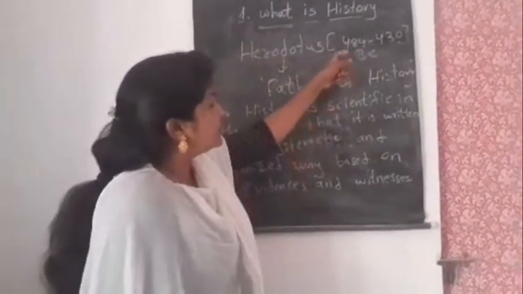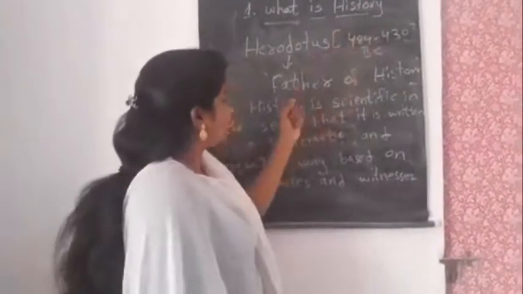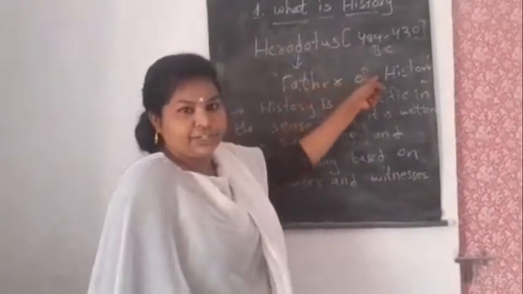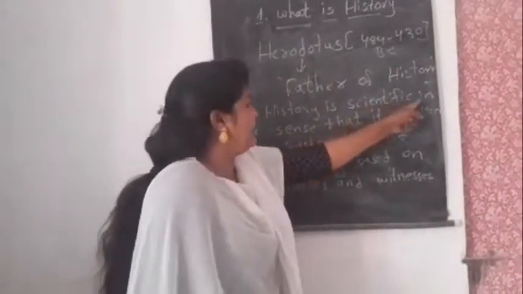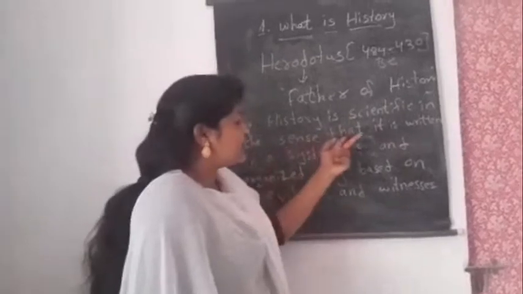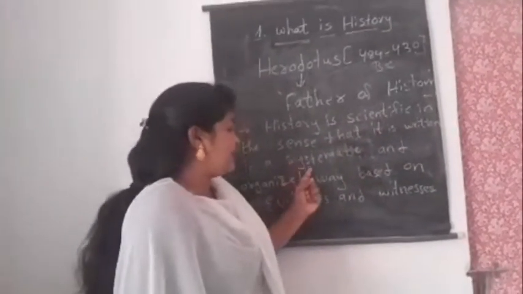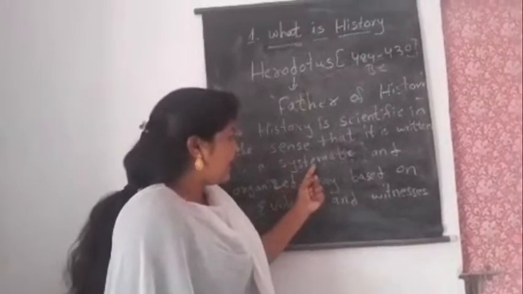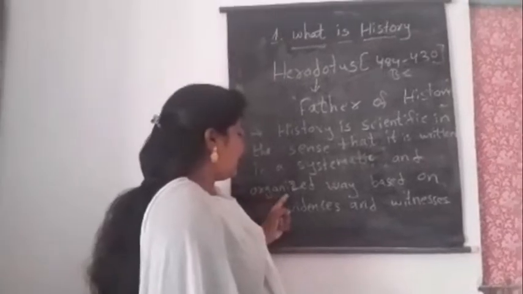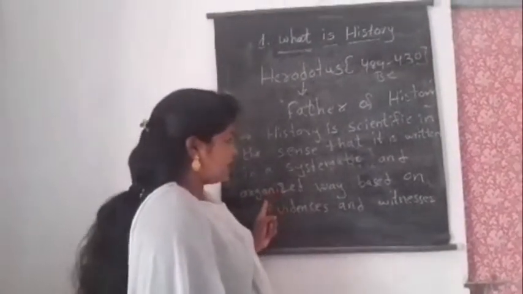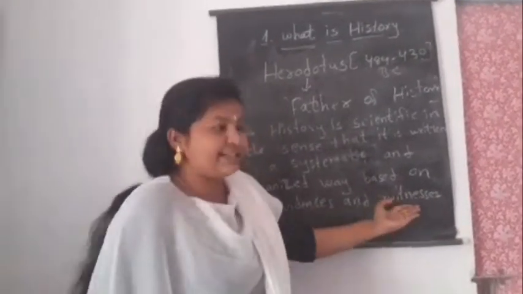Herodotus, years 484 to 430 BC. He was the father of history. Okay, he says history is scientific in the sense that it is written in a systematic and organized way based on evidence and witnesses.